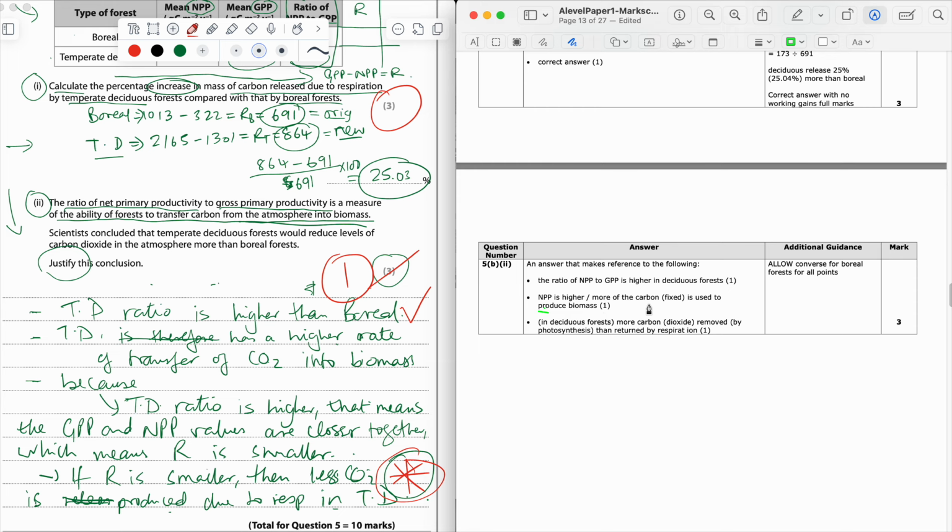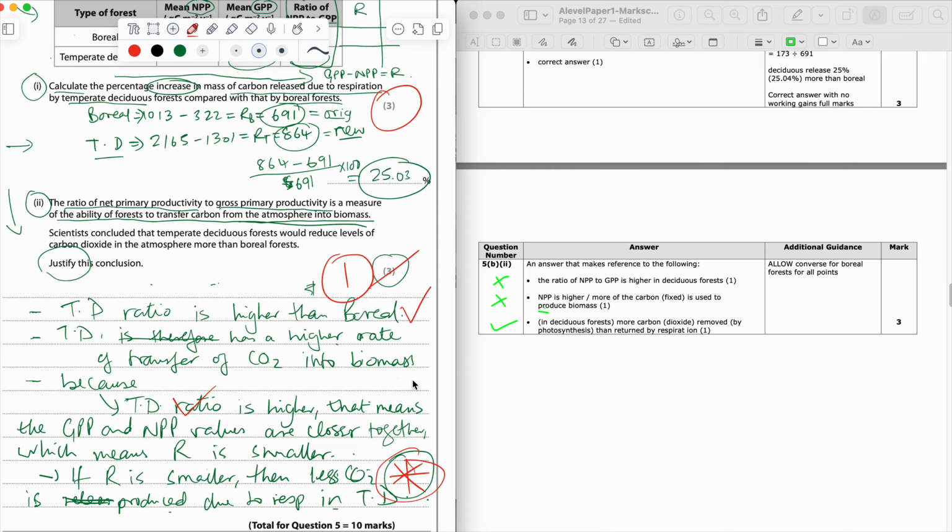NPP is higher, more of the carbon fixed is used to produce biomass. I did not get that one. And in deciduous forest, more carbon dioxide is removed by photosynthesis than returned by respiration. So I believe I got this third mark, but I didn't get those two. The ratio of NPP to GPP is higher in deciduous forest. I believe I got that one there.